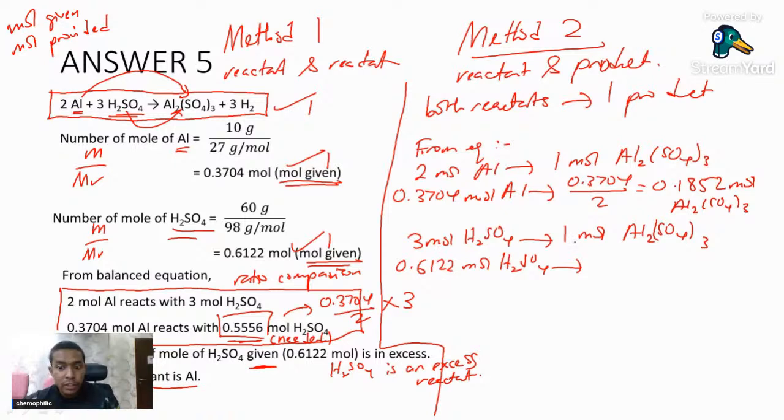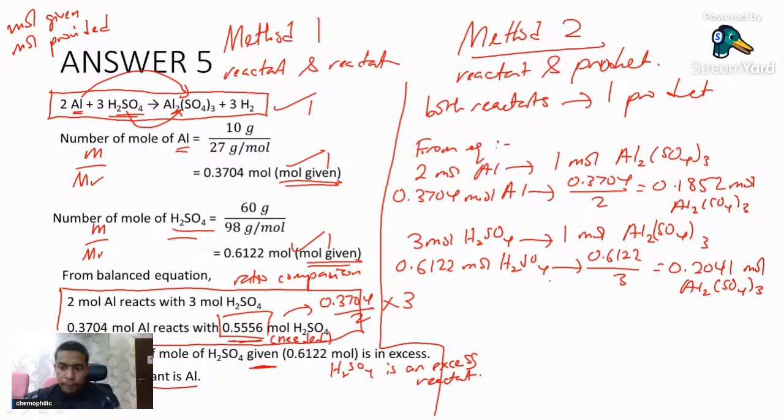So nampak ratio dia 3 to 1 kan? So 0.6122 divided by 3, you akan dapat 0.2041 mole of Al2(SO4)3.